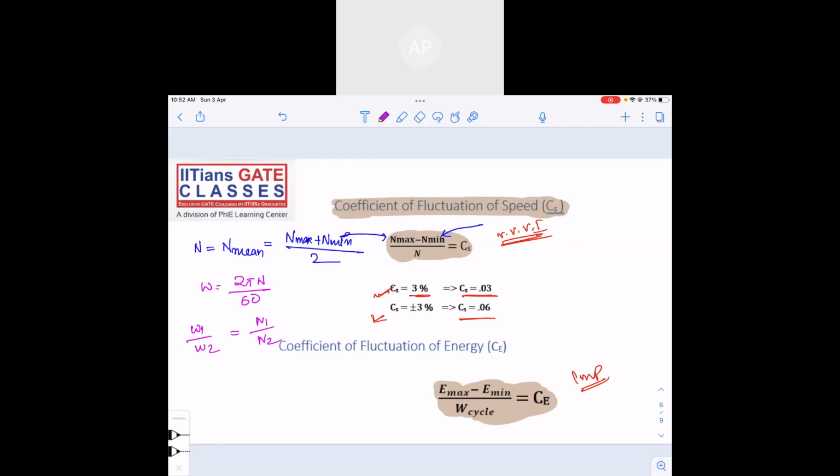No problem. So CS can also be written as omega maximum minus omega minimum divided by omega mean. This is also how you can write the value of CS, because 2 pi by 60 will get cancelled out throughout.